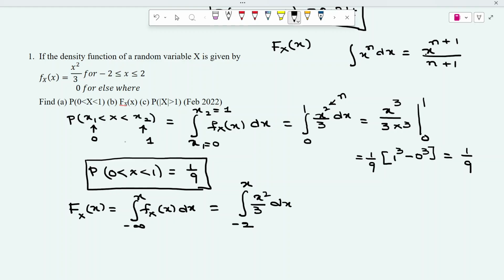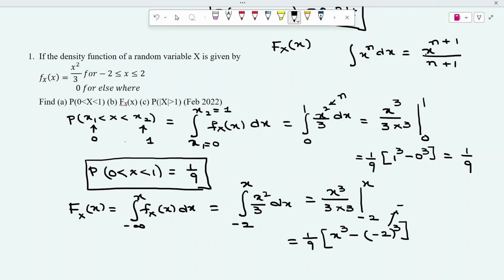As we have just seen, integral of x square is x power 3 by 3, so it will be x cube by 3 into 3. Now we evaluate this between the limits -2 to x. We can take 9 outside. If we substitute the upper limit, it is x cube minus (-2) whole power 3. (-2) whole power 3 is nothing but -8.